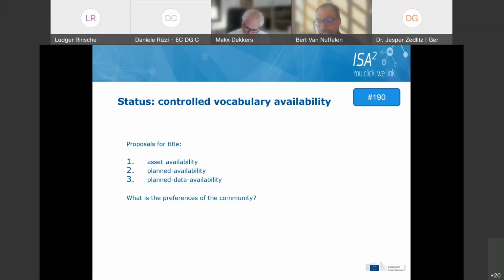And then we can put this in this publication cycle of the publications office, and then we will adapt the URIs and do the necessary technical changes.